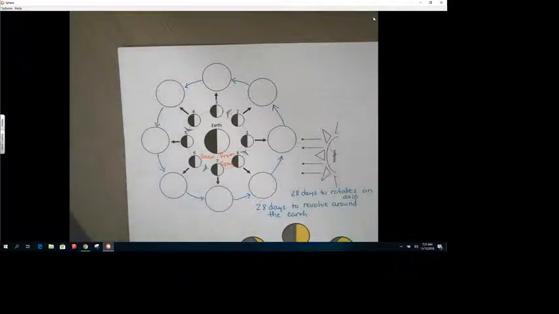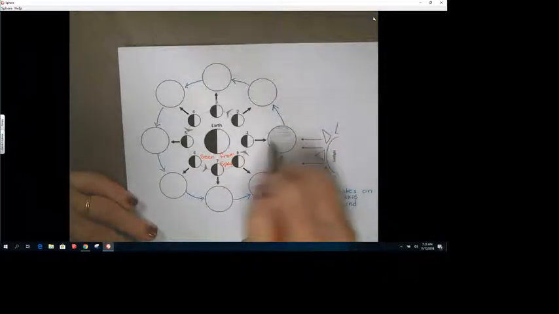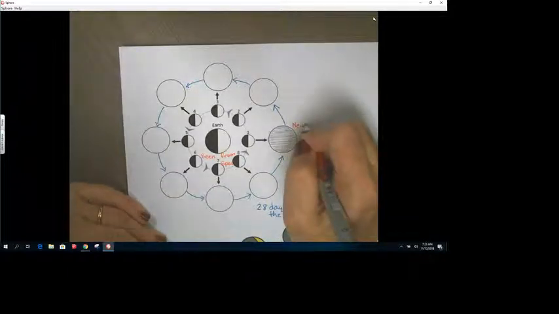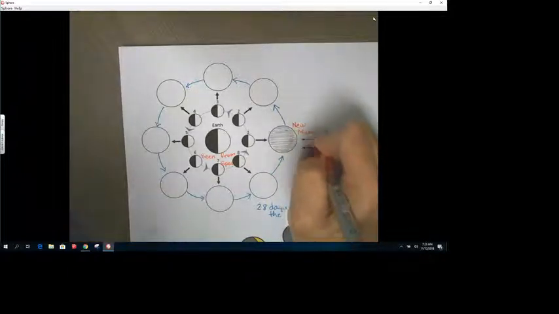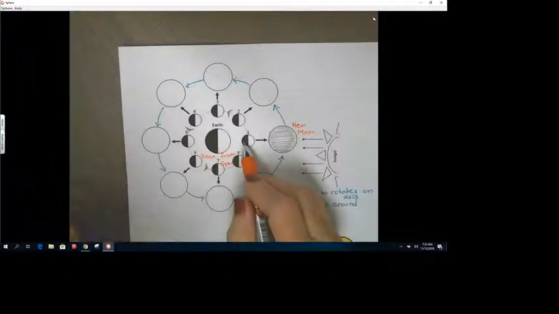All right, so as we are going through this, I'm just going to use this color. Here, okay. All right, so we have here this as seen from Earth. This is going to be our new moon. Remember that this side is lit, this side is not. This is the side that we are seeing.